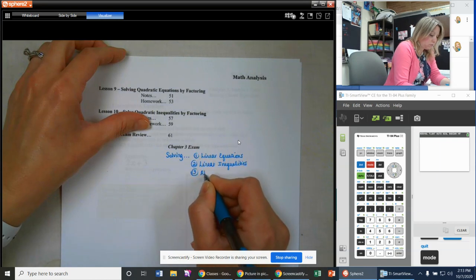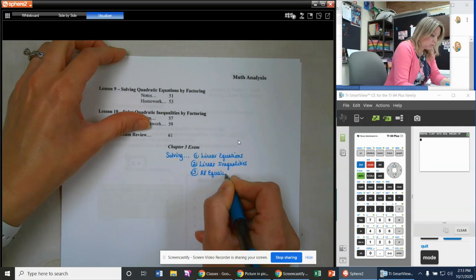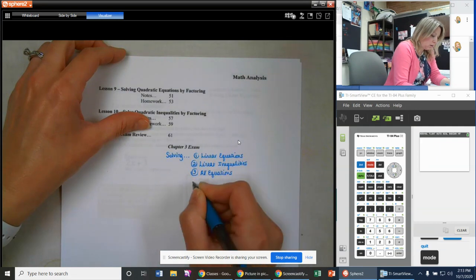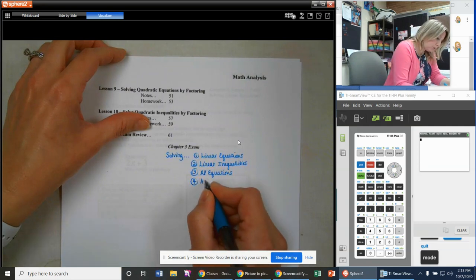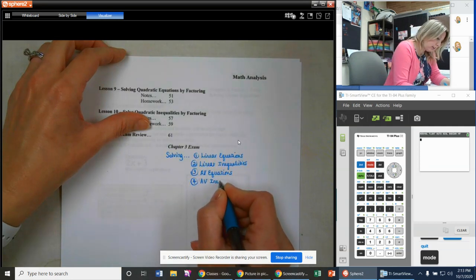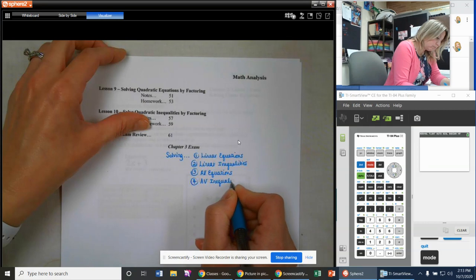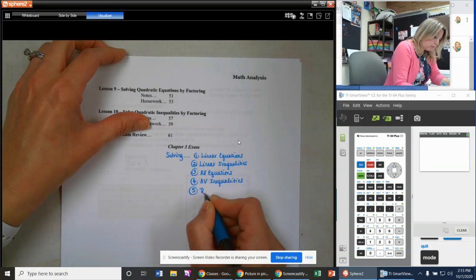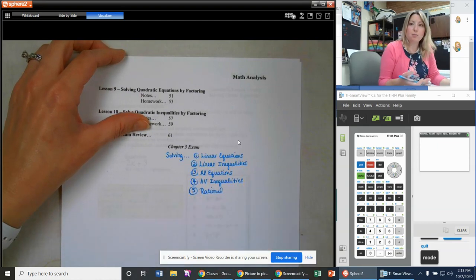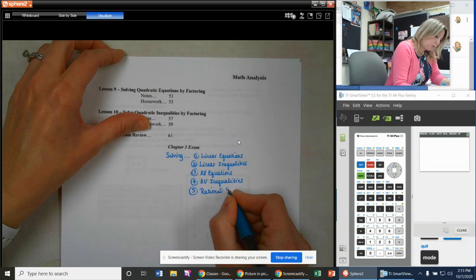Absolute value equations. That's new. That's algebra 2. Absolute value inequalities. That's new. That's algebra 2. Rational equations. That's not new, but we will just go a little more in depth than we did your freshman year. But we're sticking to just equations for these guys, not inequalities.